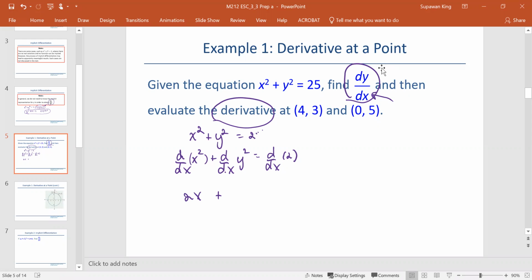It is another function in terms of x, embedded within the implicit function. So for the derivative of y squared with respect to x, we apply the chain rule, as a general power rule. It becomes 2y multiplied by dy by dx, equals the derivative of 25, which is 0.